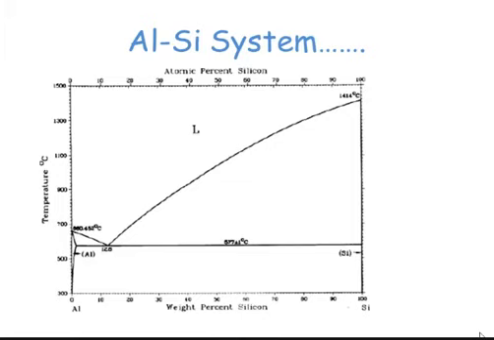In today's session we will discuss one more type of phase diagram. This is the aluminum silicon system. As you can see here, the two metals are completely soluble in the liquid state but completely insoluble in the solid state. So practically, this particular region doesn't exist. That means there is no solid solution present in the aluminum silicon system.